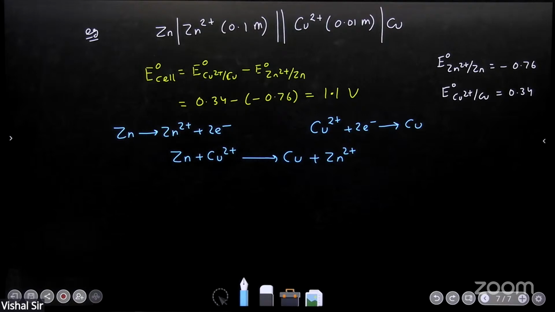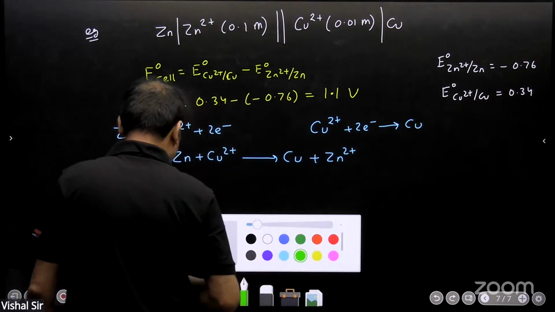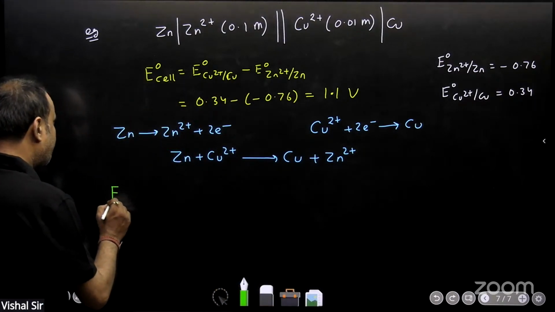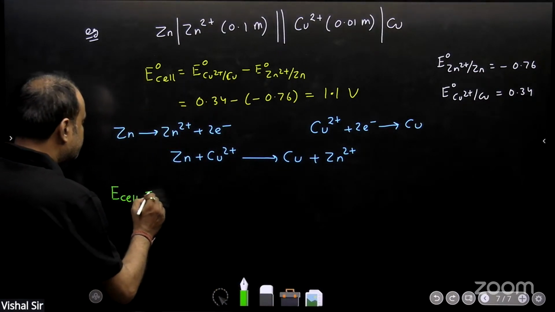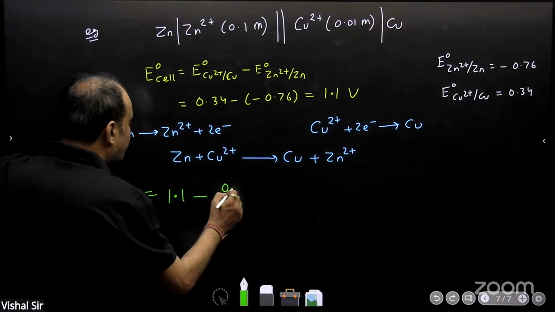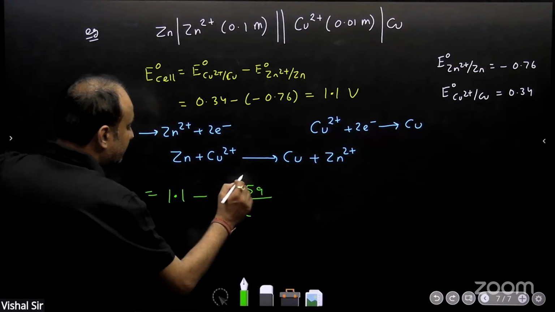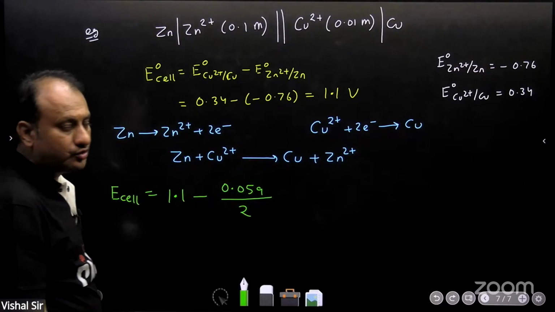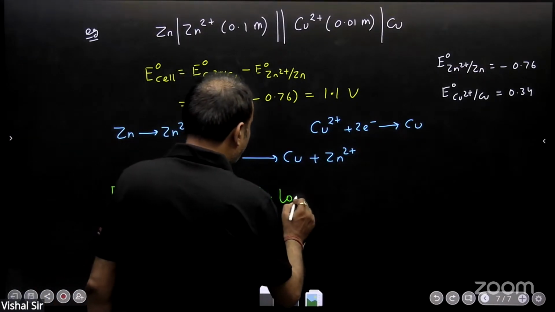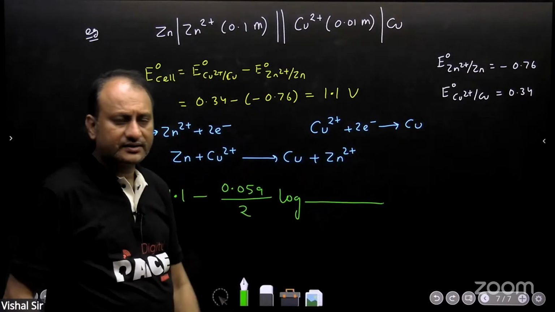So now we have sufficient information and we can proceed to apply the Nernst equation. How will we write E cell now? E naught cell we have already got, 1.1, minus 0.059 by N factor, which we have got as 2, log of Q. Let's see the products.